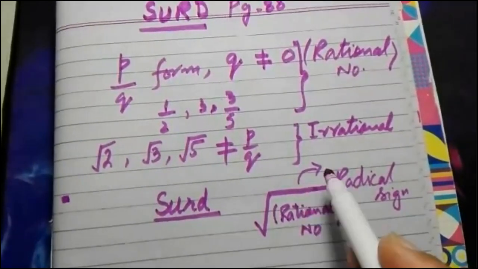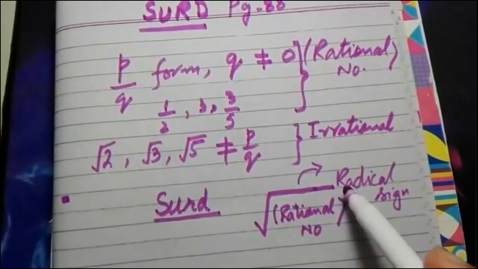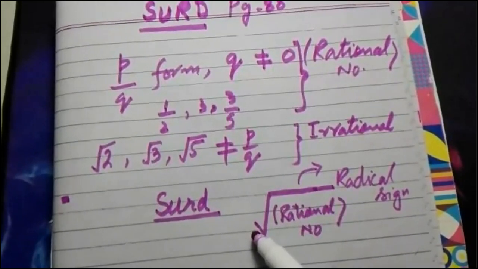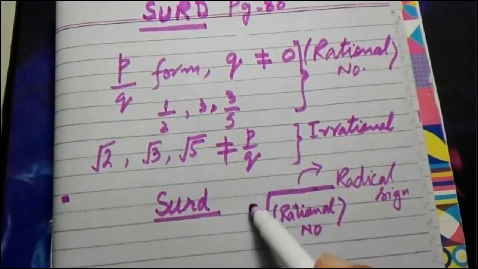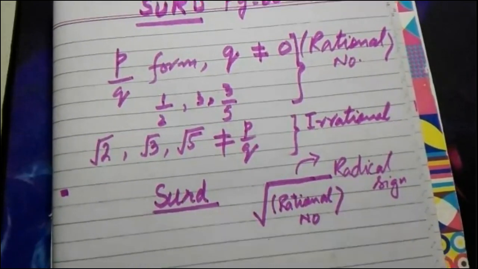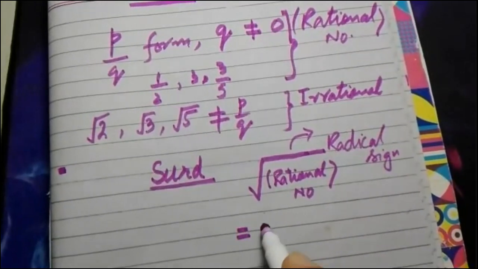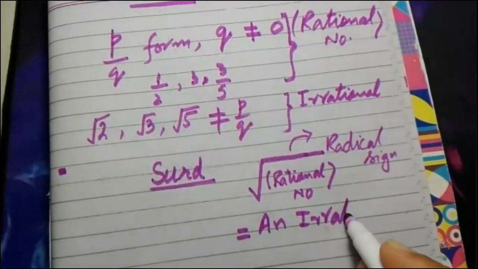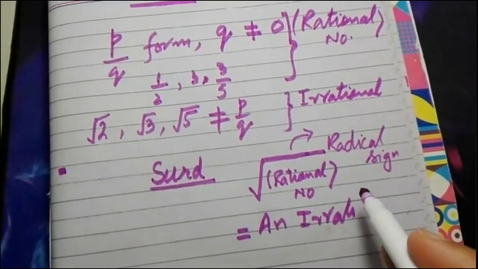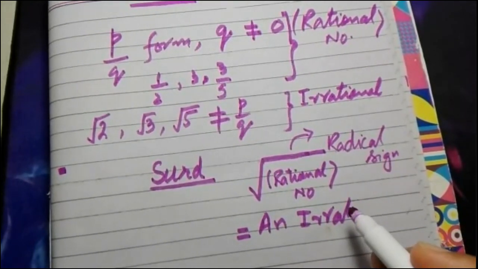But when you solve this radical sign, the overall value of this radical must be an irrational number.